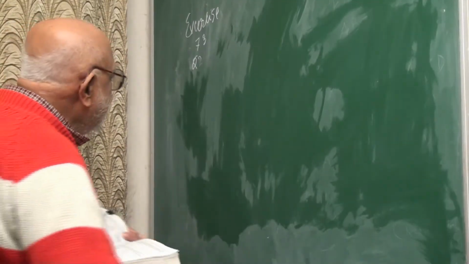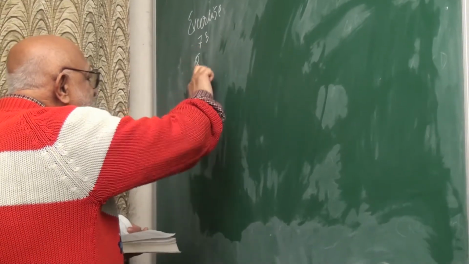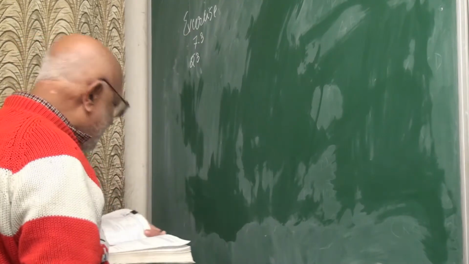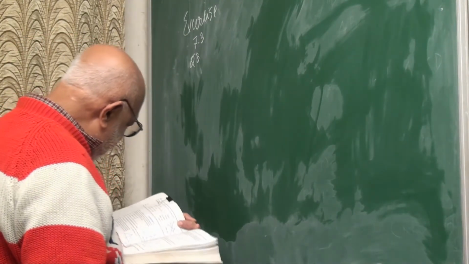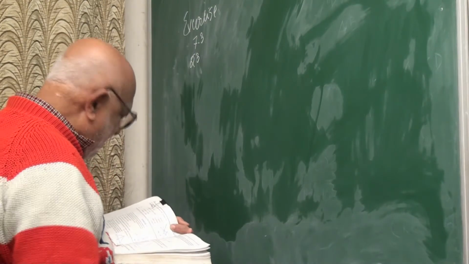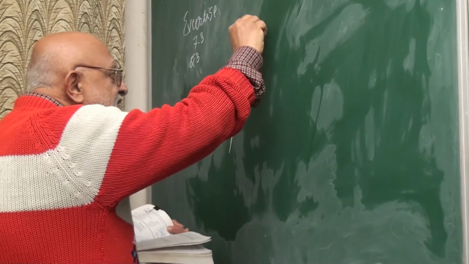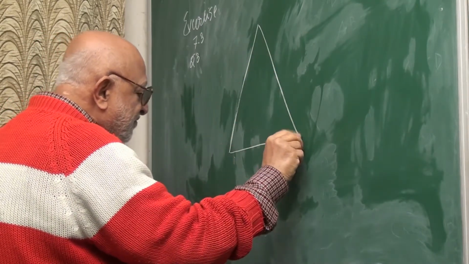Okay, we will now follow with question number 3. Question number 3 of the same 7.3 exercise, and this says two sides and median of one triangle ABC. So let us take one triangle. Read it very carefully.